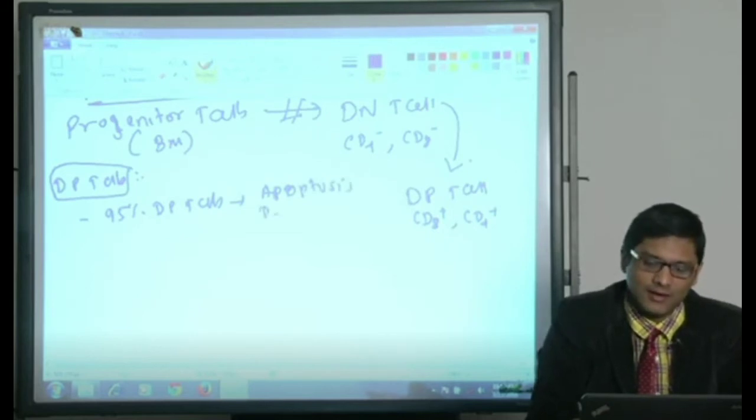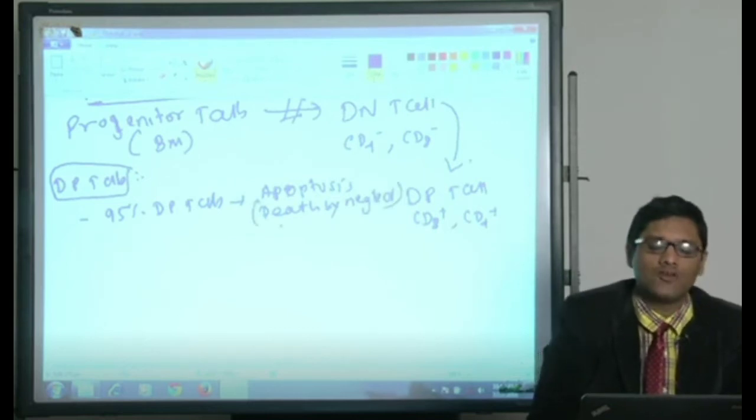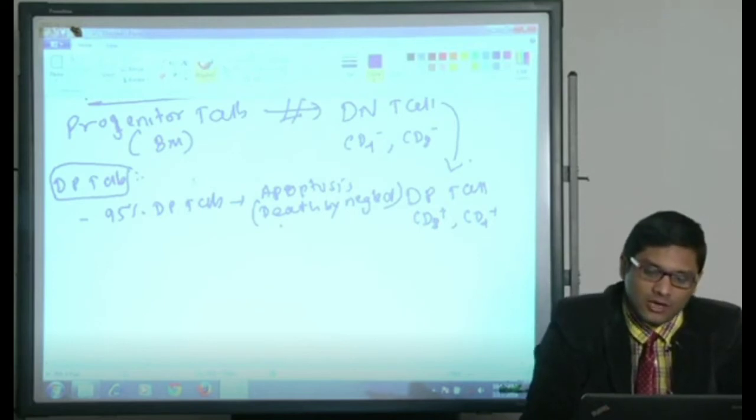This is called death by neglect. Why? Because these double positive T cells do not recognize MHC.